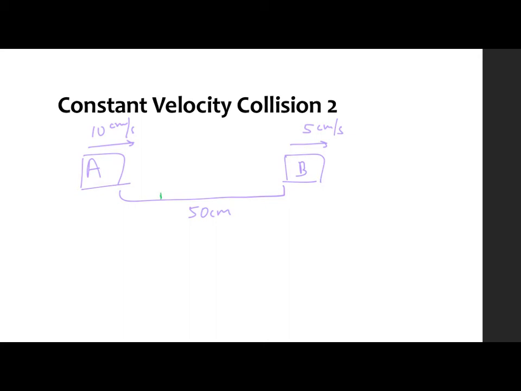But at the same time, car B will move forward 5 centimeters, so it'll be a difference of 45 centimeters. Each second that passes while car A moves forward 10, car B moves forward 5. So overall, that difference closes at 5 centimeters per second, to compensate for both cars moving in the same direction.